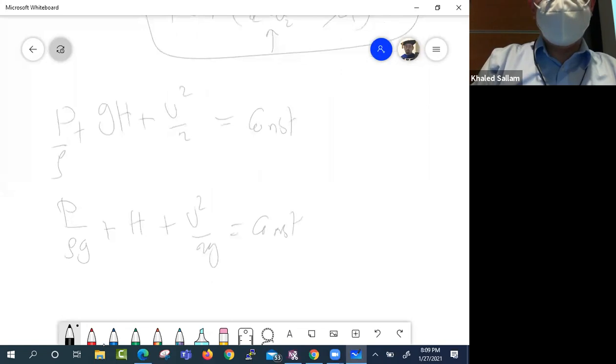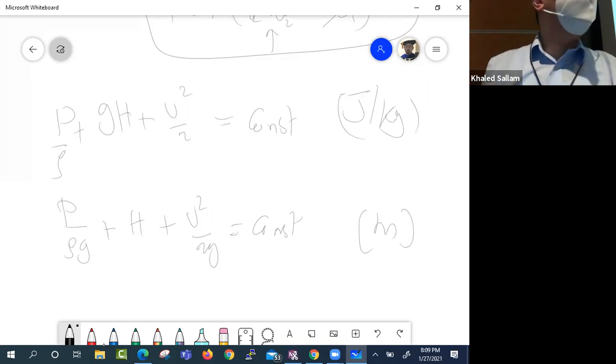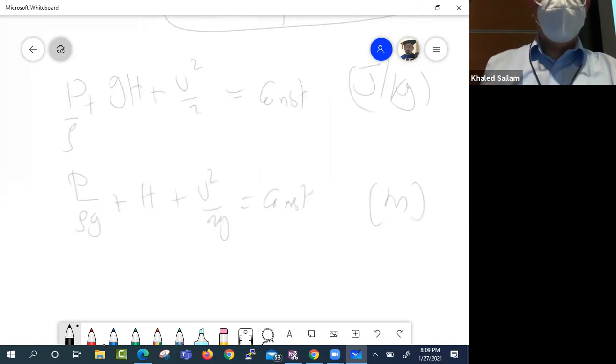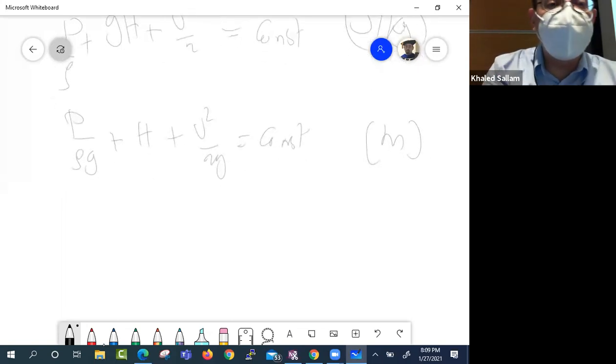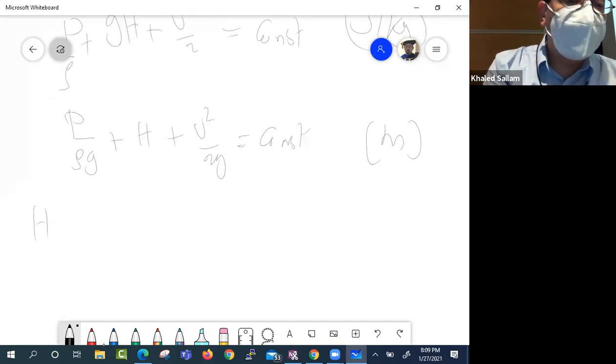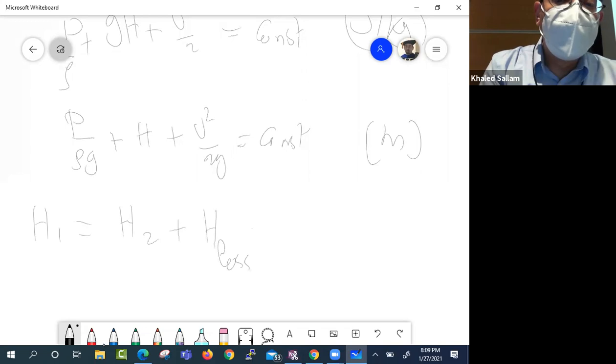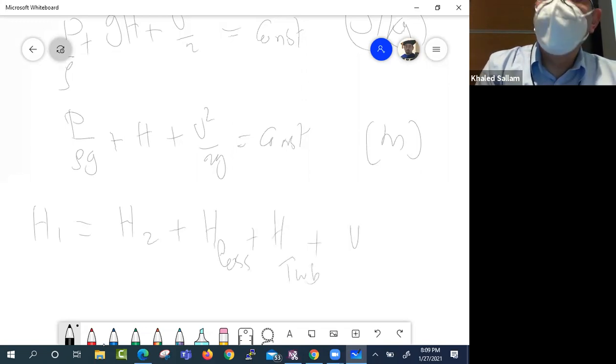So what unit is that? That's in meter. So rather than joule per kilogram, you can actually write it in meter. And so that equation that we just wrote for the dam in that unit would become H1 equals H2 plus H loss plus H turbine plus V2 squared over 2g.